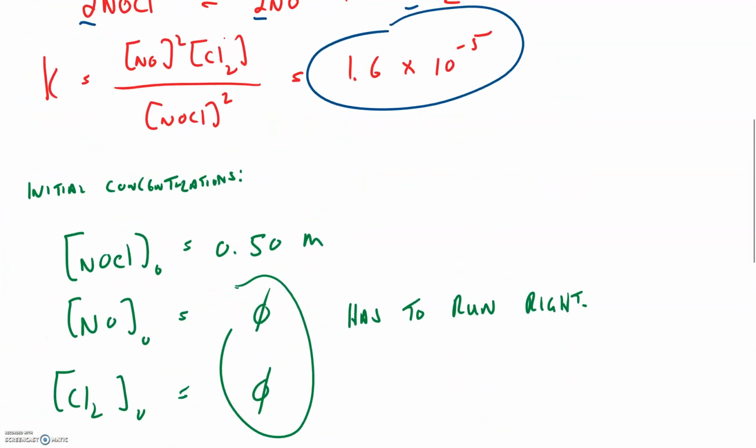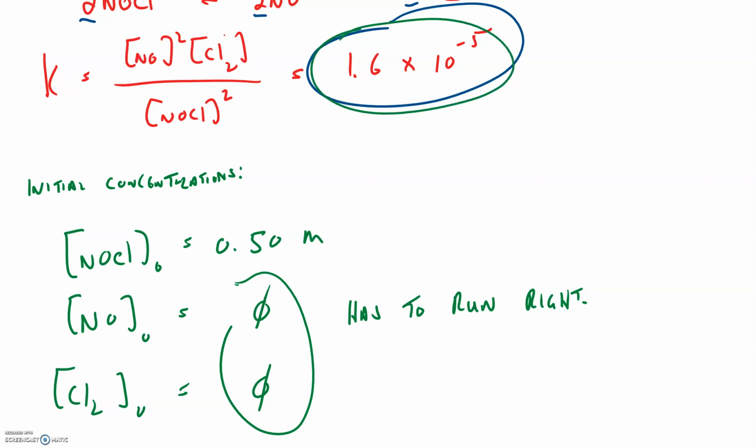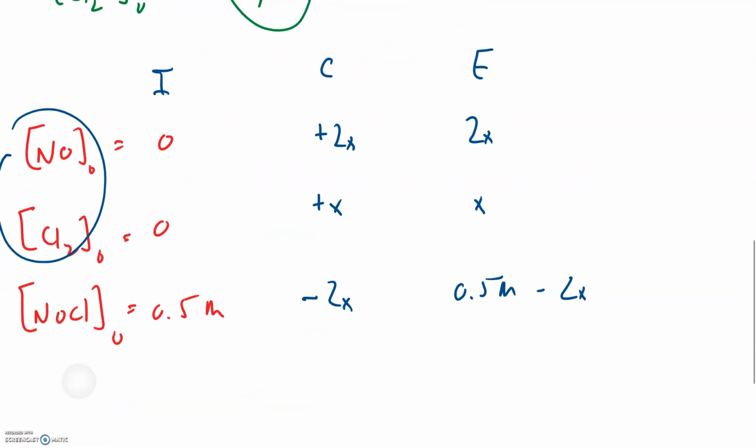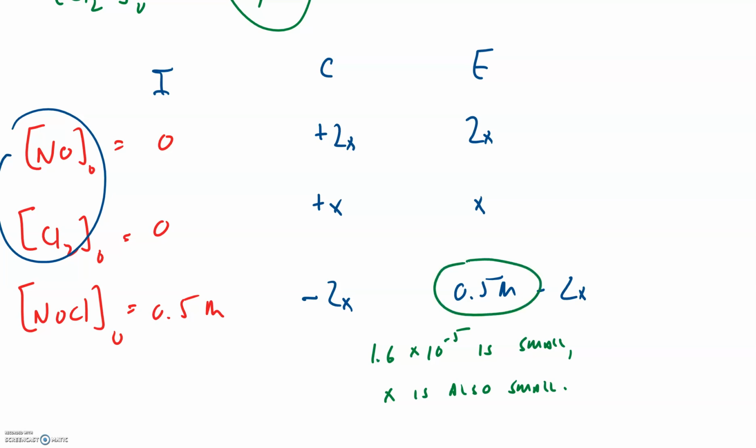All right, here's where the magic happens. Look how small this number is, 1.6 times 10 to the negative fifth. Because it is a small number, it means that x is also small, like on the order of times 10 to the negative fifth, 0.00001. And that means that no matter how big x is, that number isn't going to change very much.